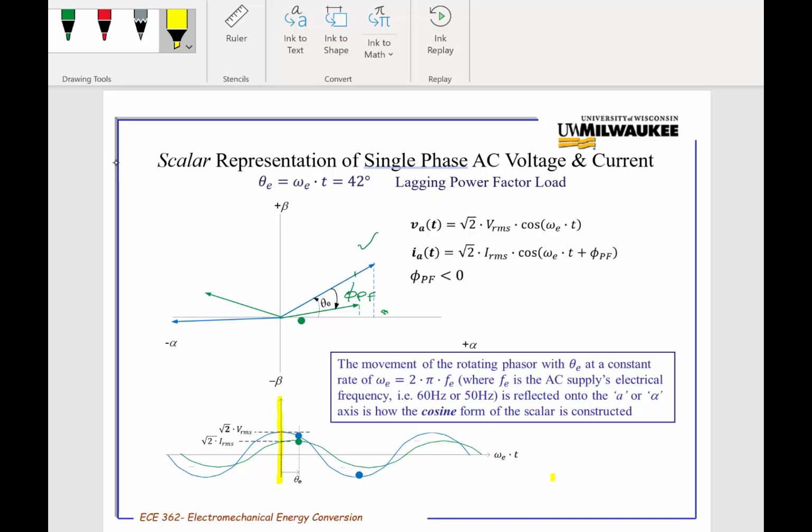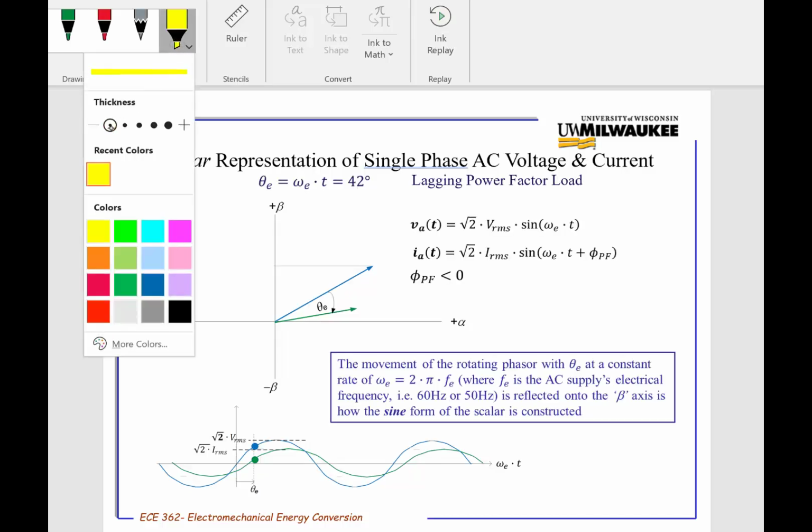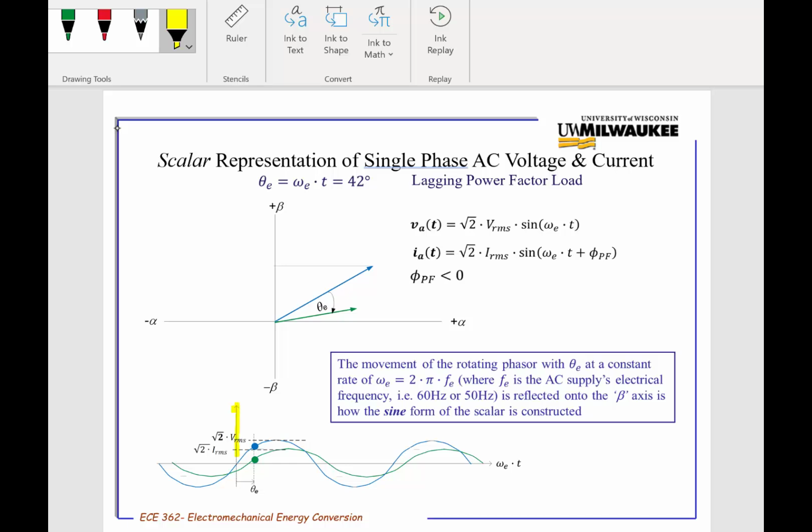This is the t equals 0 point. If I were to move that y-axis back to this point right here, I've got a sine, don't I?